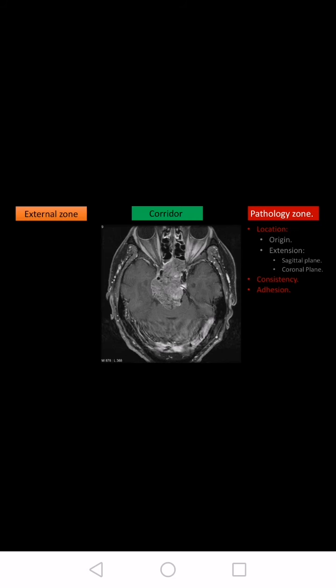Consistency we talked about. Of course, we always say exposure, exposure, exposure, but sometimes wide exposure is not necessary if the consistency of the lesion is not hard and the lesion is suckable. Then you can do a relatively limited approach to remove the tumor.